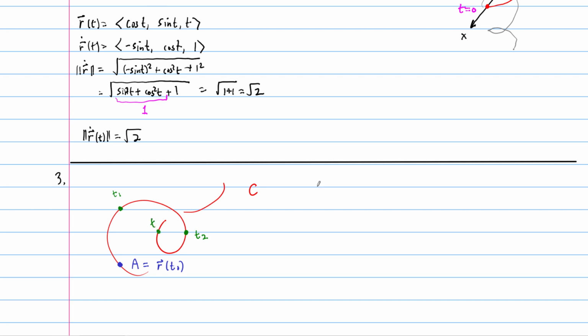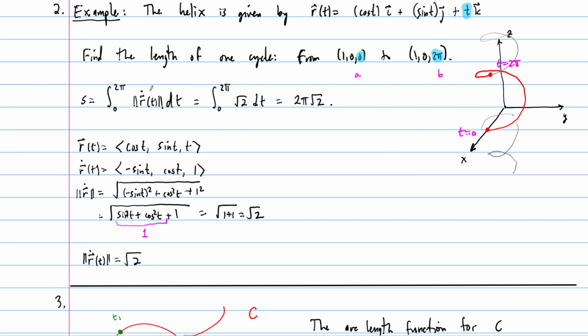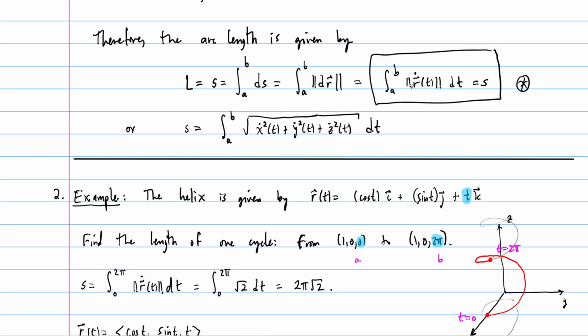And to do that, we can write down what's called an arc length function. And it's very similar to what we just did. So the arc length function for C, really the arc length function depends on the parameterization, right? So if we go back up, our arc length formula depends on r, depends on the parameterization that we've chosen.